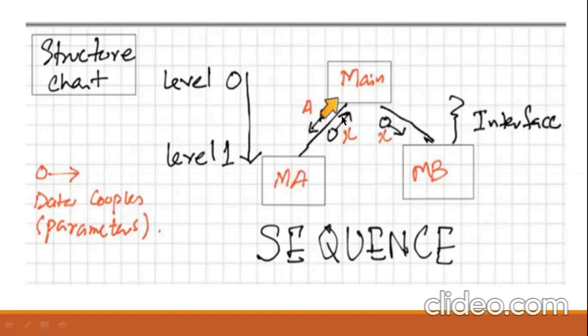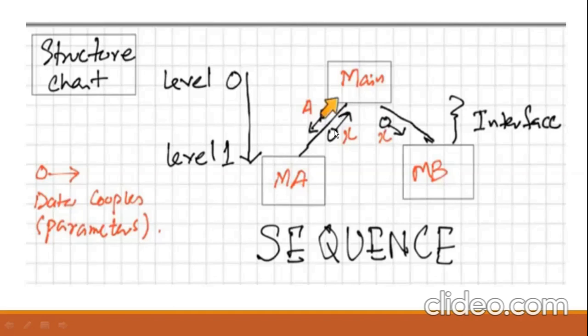Here you can see that a value A is passed by the main module to submodule A. So in this case, the main module is calling submodule A and giving it a value A. The submodule then processes this value A and returns the result in the form of value X to the main module.